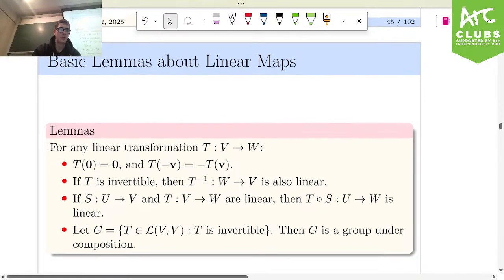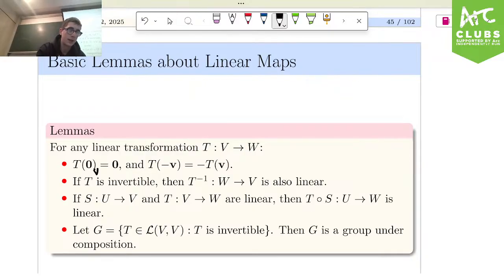So some basic lemmas we have about linear maps is kind of similar to the group lemmas we had before, that the image of the zero vector in V is the zero vector in W. Remember, those might be kind of two distinct objects because one is the zero element within V, the other one's within W. Then we're also saying that the negative within V of a specific element is the negative of the image of V within W through this linear transformation.